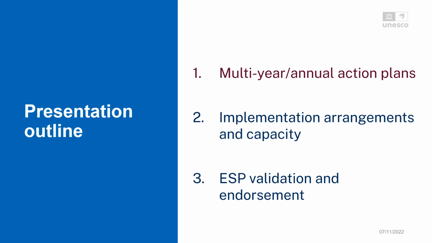We will then briefly cover implementation arrangements and capacity, and finally, describe the last steps of ESP validation and endorsement. Note that action plans are also referred to as operational plans or implementation plans.